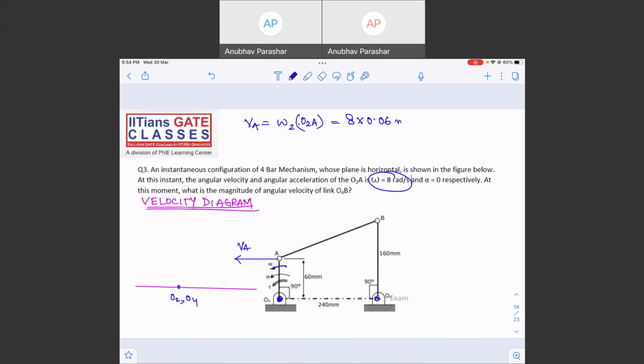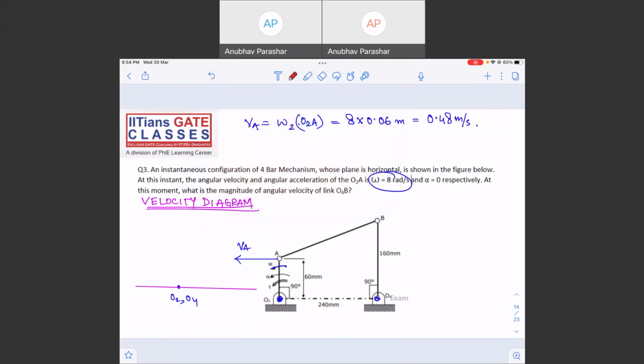0.06 meter, that is coming out to be 0.48 meter per second. Right? It is coming out to be 0.48 meter per second. Right? Let me plot it somewhere here.